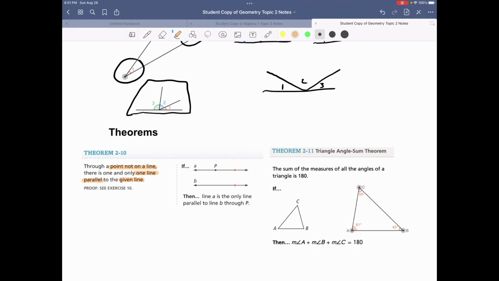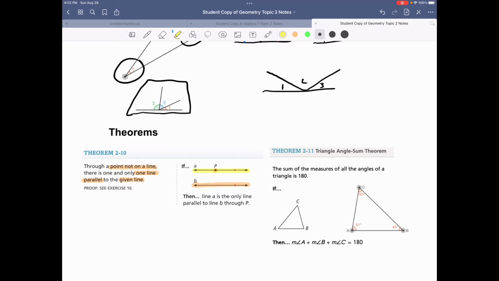So what that looks like is if we have the point P right here, and we have the line B, then we can draw another line, and that line would be A, going through point P. There's only one parallel line to line B that goes through P, meaning we can't draw another line that's parallel if it goes through P.